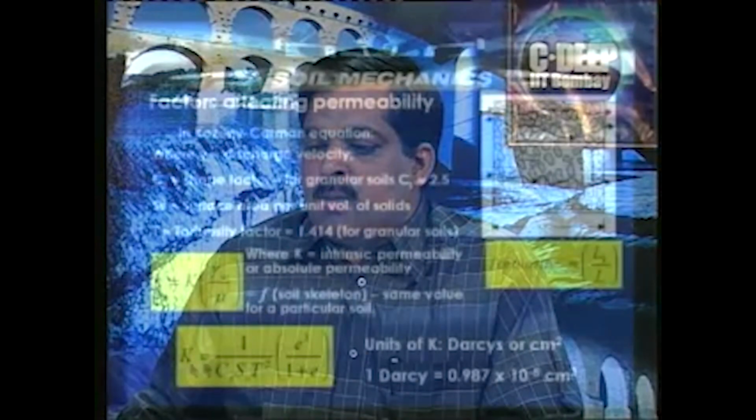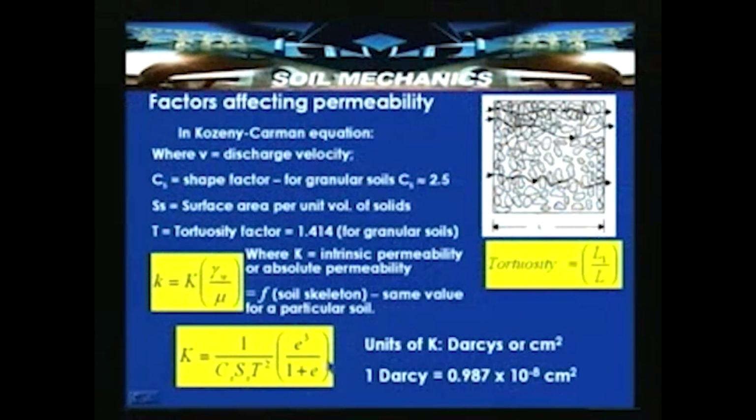Absolute permeability includes the void ratio, the tortuosity, the specific surface area, and the shape factor, so it takes care of the soil skeleton properties.